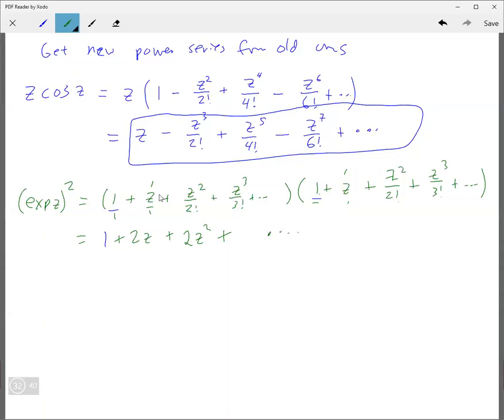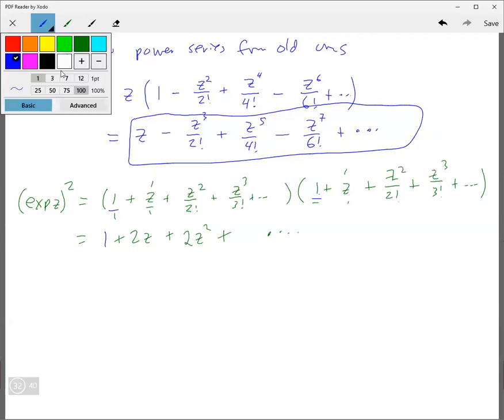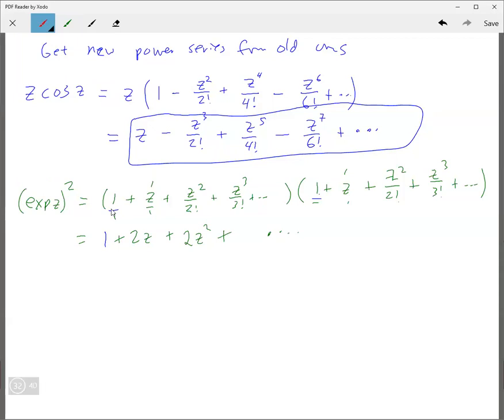I'm not going to get too much into that because I think you understand what to do. So what you'd have to do is this one here times that one. And then that would be the first one.